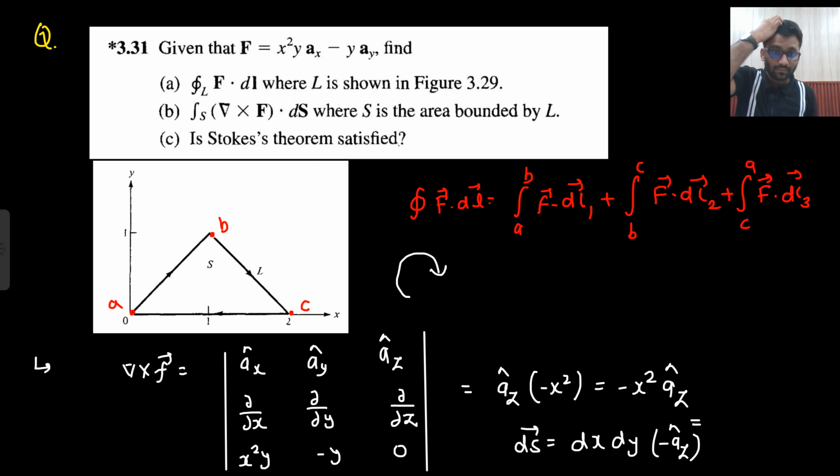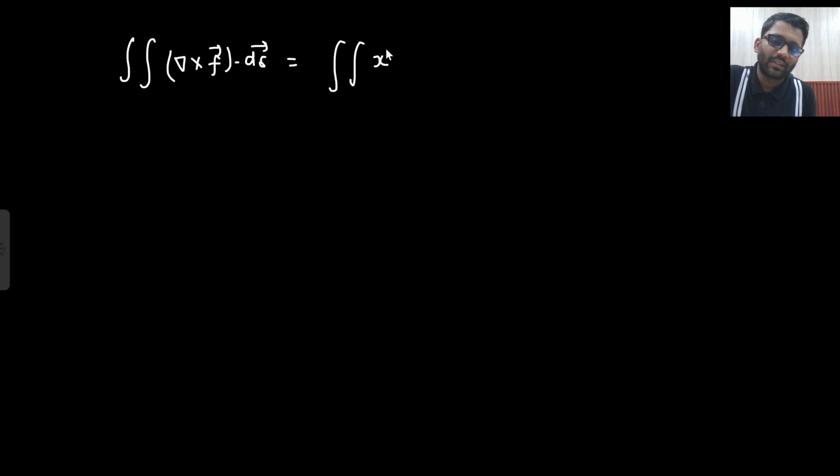So what has become your equation? Your equation has become del cross f dot ds. That has become x square dx dy, because az cap minus minus will get cancelled, az cap will be 1, so x square dx dy. Now I need to put the limit.